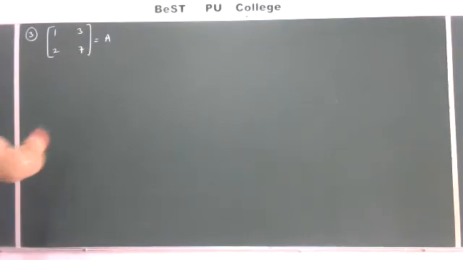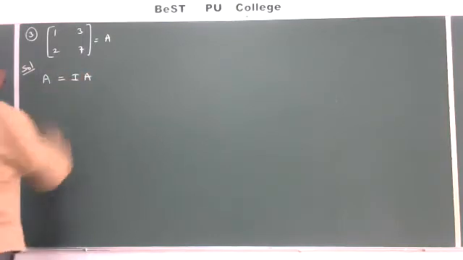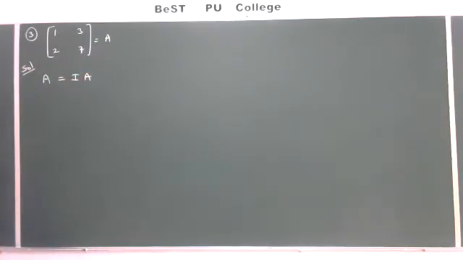For row operations, you first take A is equal to IA.